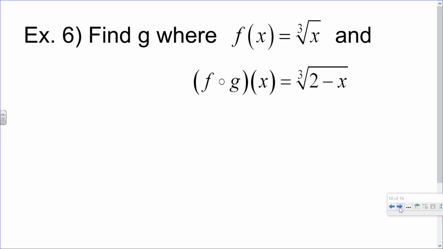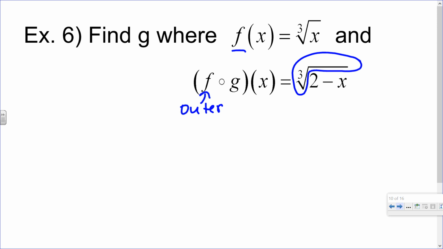Okay, this time around, we get our composition is the cubed root of 2 minus x. This time they tell us f, which is inner or outer? That's the outer one. That's what we're going to do last. So the last thing we're going to do is to take the cubed root.